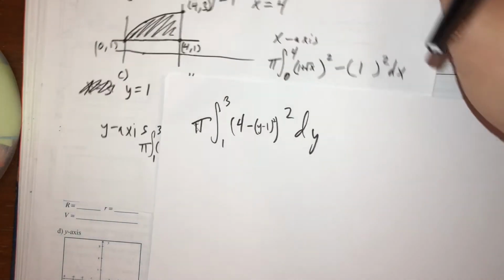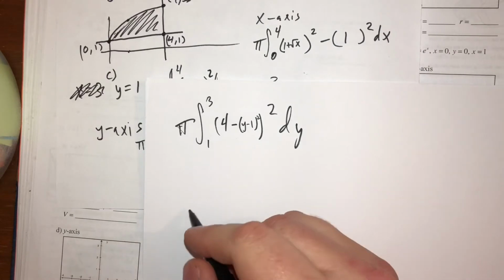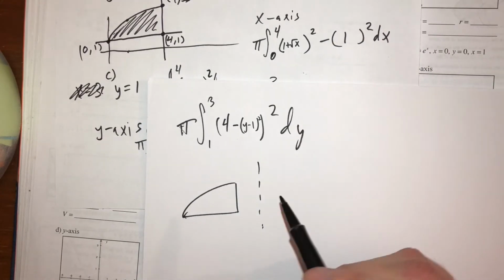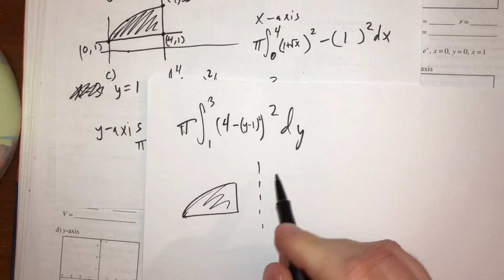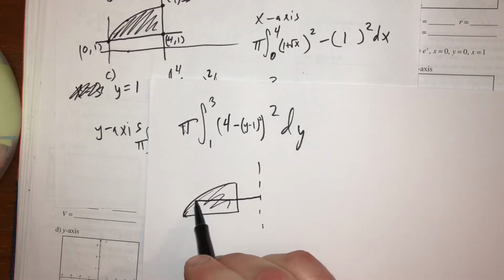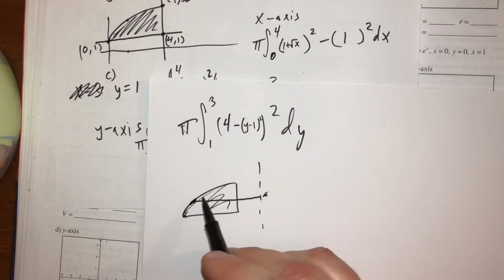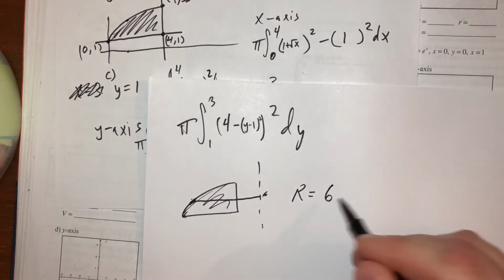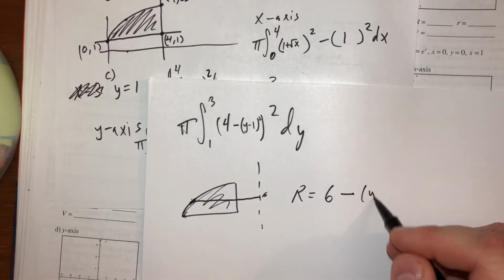And our last one, x equals 6. Okay, I'm just going to redraw it real quick. Now we're going about x equals 6. Let's find our 2 radii, because there's some empty space there. Our first radius goes from 6 to our curve, so big R is going to be 6 minus our curve.